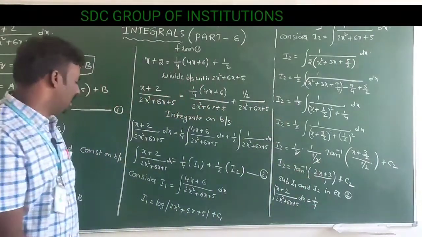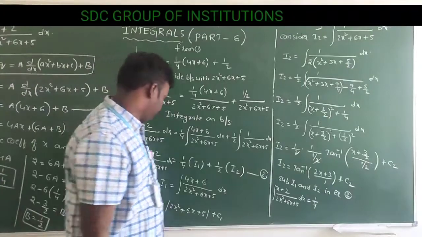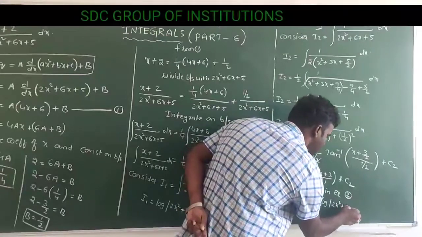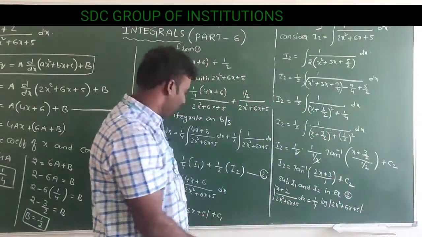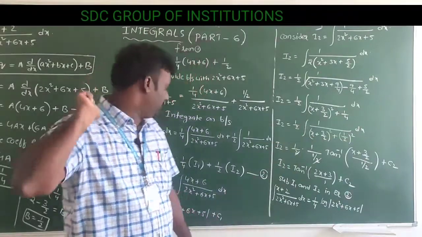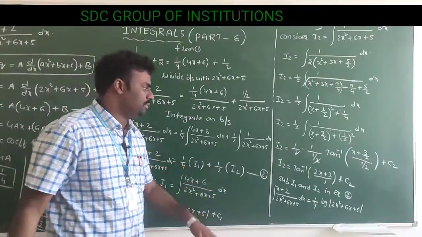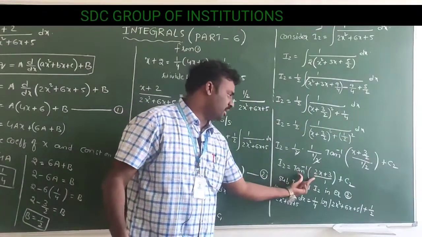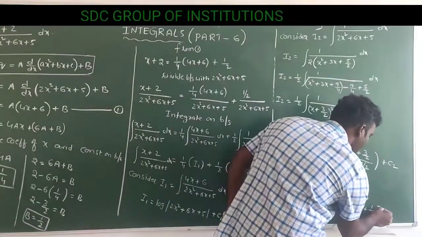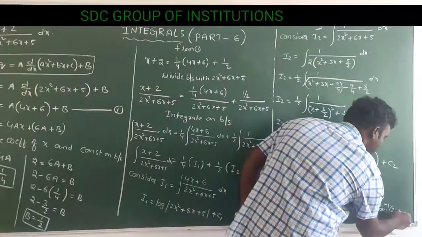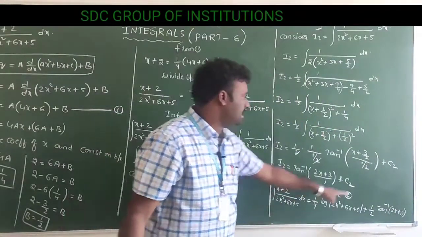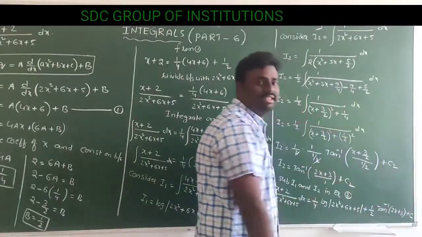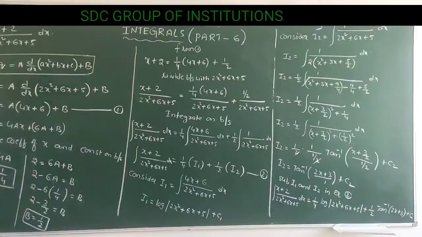I1 value is log mod (2x square plus 6x plus 5). I am not taking constants; in place of C1 and C2 I am taking constant C. Plus 1 by 2 into the I2 value, which we just got, tan inverse (2x plus 3). Here constant C1 is there, here constant C2 is there. The sum of two constants is again a constant, that constant I am taking as C. So this is the answer for this question.